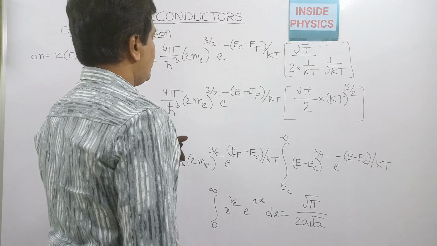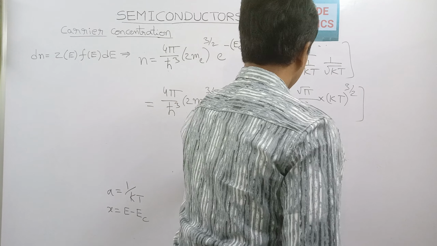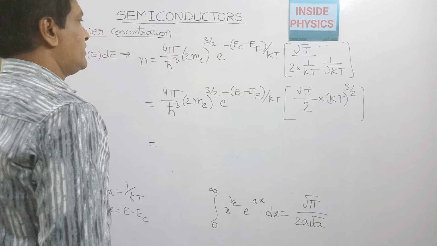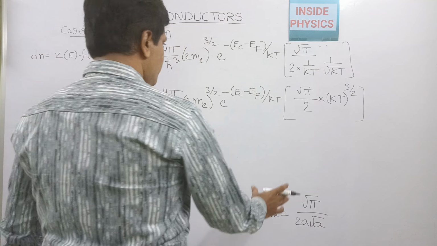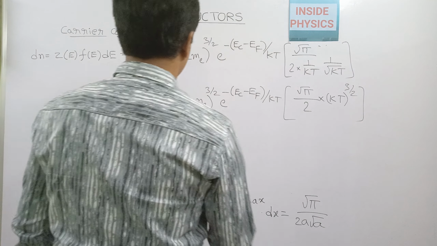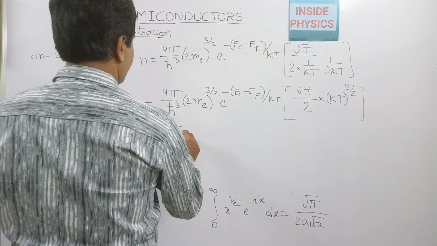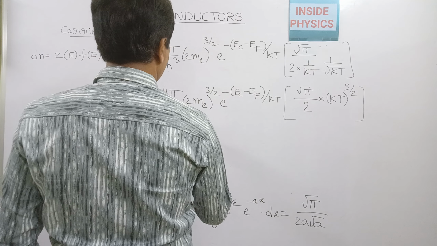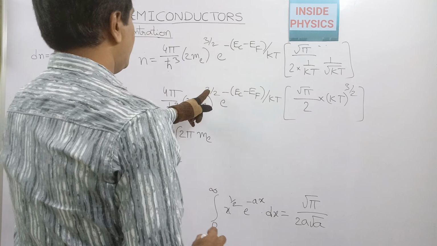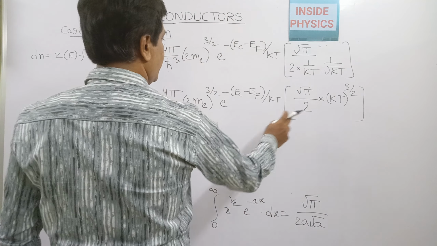So with the help of the next step, this integration will take a form by rearranging these terms. I will write here 2 pi into me to the power of 3 by 2, into kT.